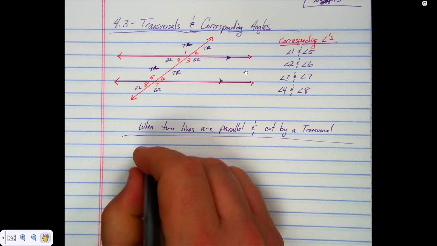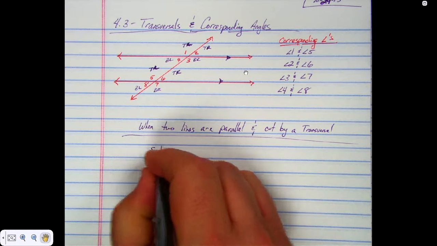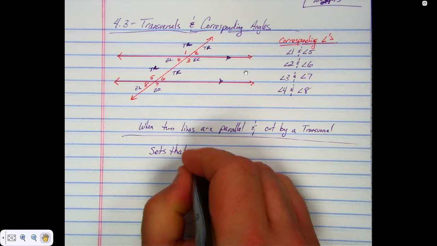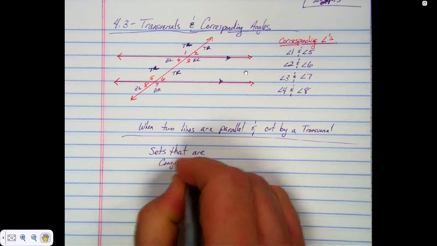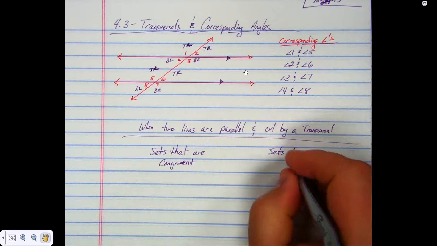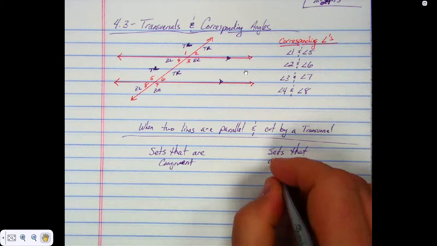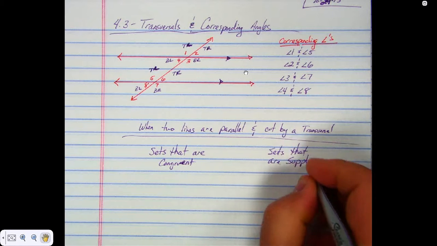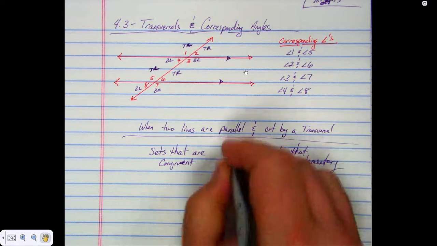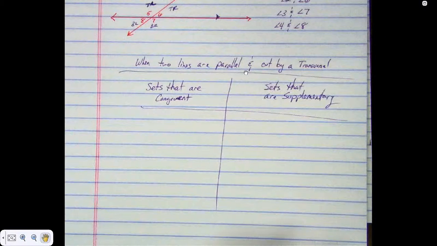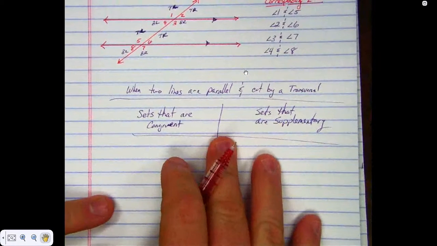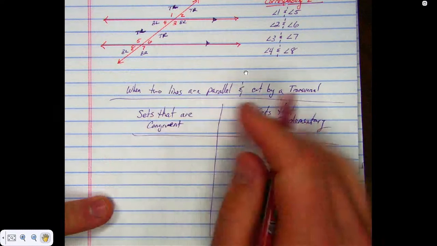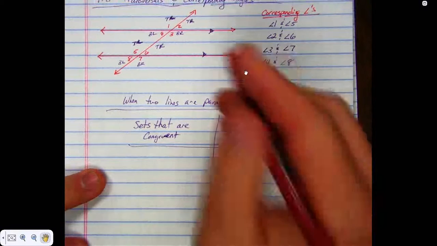Which sets are congruent, and which sets are supplementary? Which sets of angles? What types do we have?